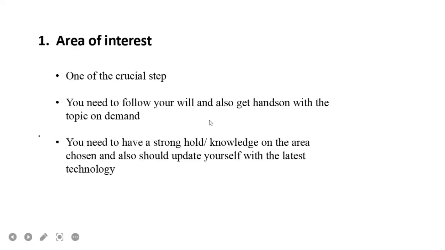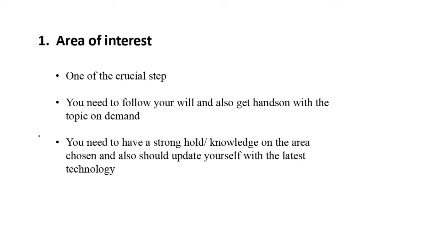The very first thing is choosing the area of interest. This is one of the crucial steps where you need to satisfy your wish and also the market demand. You need to consider the demand of the area you have chosen. For example, machine learning is my area of interest.